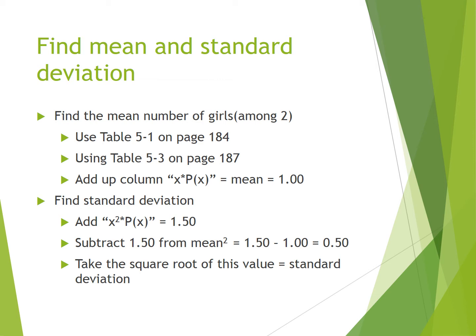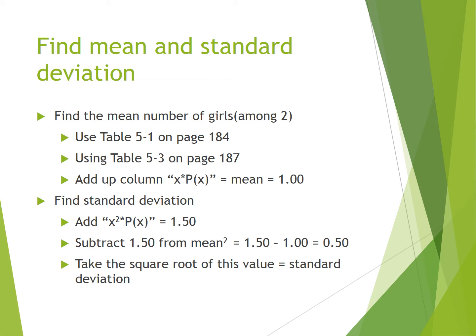Go to page 184 in your book and look at the table. That will be the number of girls among 2 children and the associated probabilities. So, for example, let me open my book up to page 184.